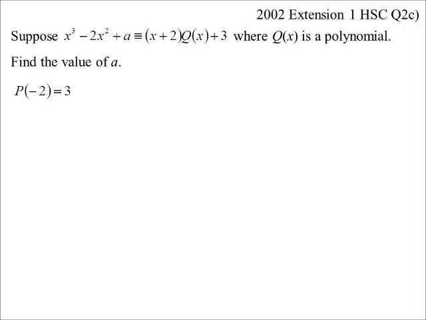Because look on the right-hand side, we don't know what Q(x) is, but if I substitute in minus 2, it'll disappear anyway. So I'll be able to get an answer. Sub in minus 2, and the answer is going to be 3. So, minus 2 cubed, minus 2... a is, there it is, 19 for that one, 19.